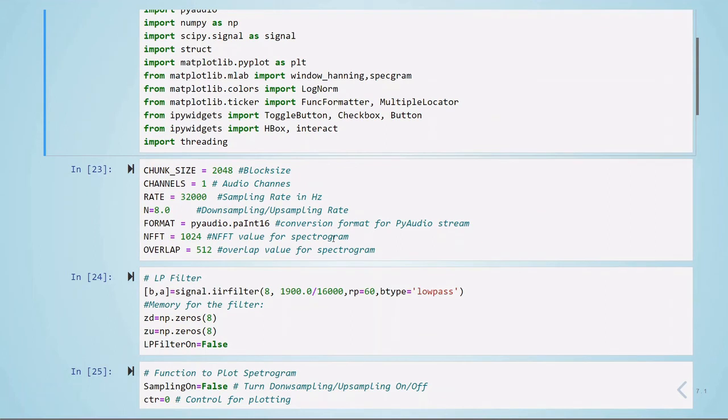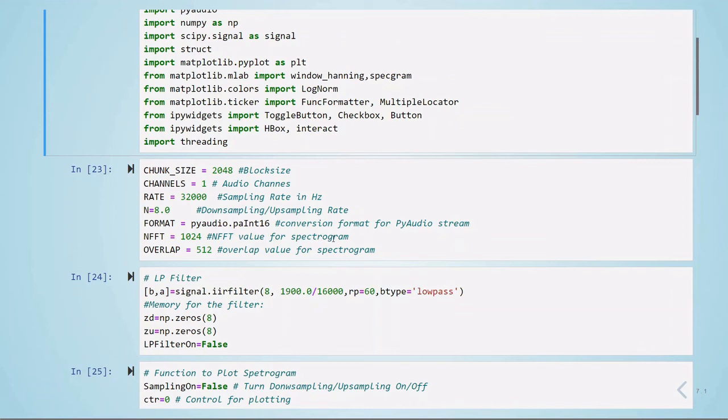Here are the parameters. We're going to use the block size of 2048 samples. It's mono, so channels equals 1. This time we're going to use a sampling rate of 32 kilohertz. The downsampling and upsampling rate is a factor of N equals 8. We are going to use 16-bit integers.